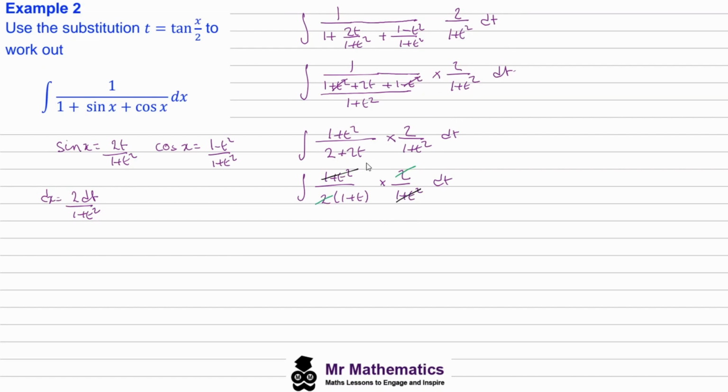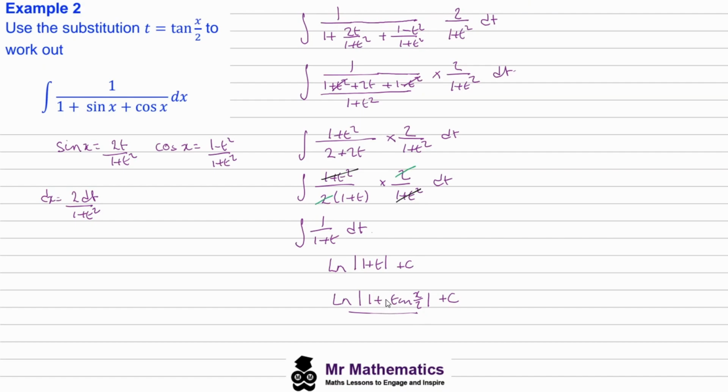So what we're left with is the integral of 1 over 1 plus t integrated with respect to t. And this is a standard integral, which is the natural log of 1 plus t plus the constant. And we know that this t is the tan of x over 2. So the natural log of 1 plus tan of x over 2 plus the constant. And this would be our integral, okay?